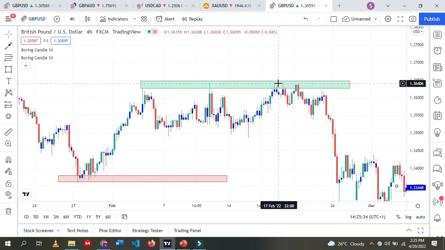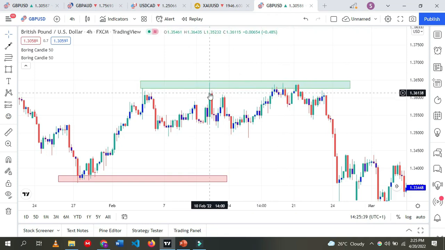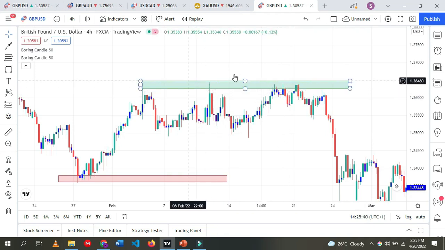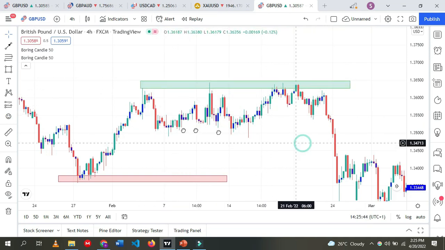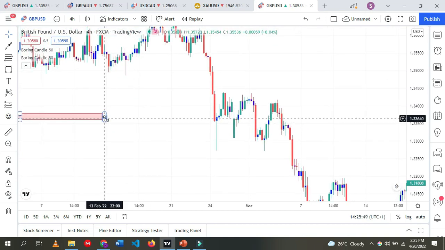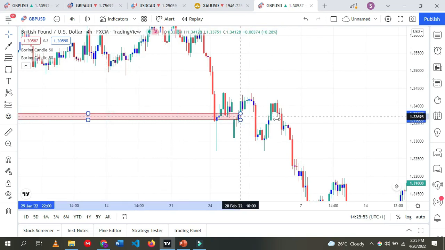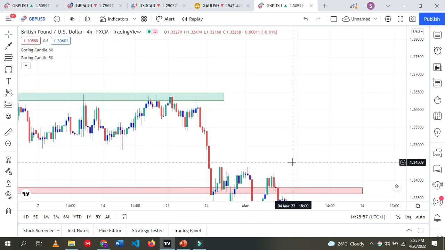This is a resistance. Get what I'm saying here? This is a resistance level, because price came to this level, and price came down. Price came down.